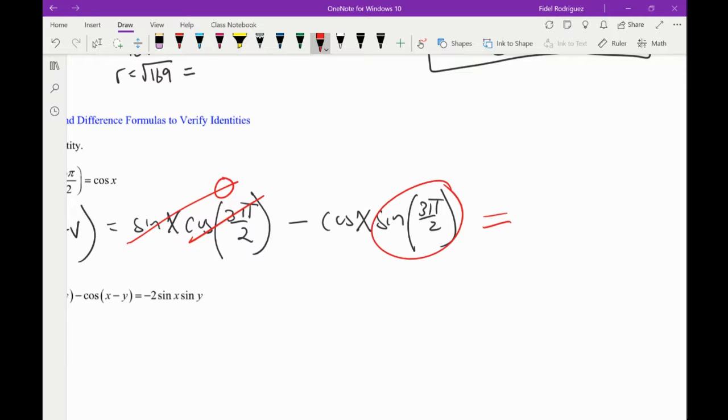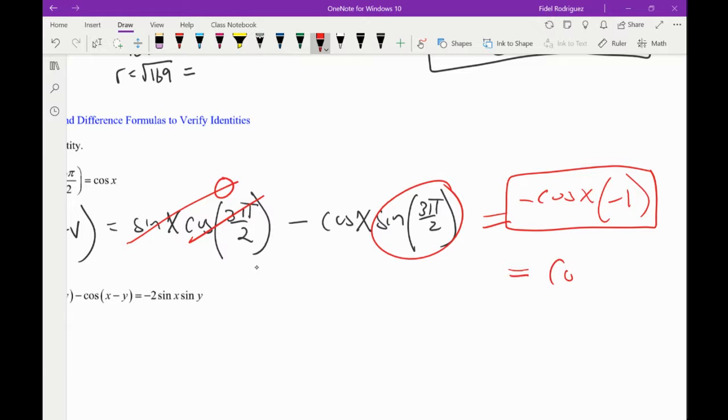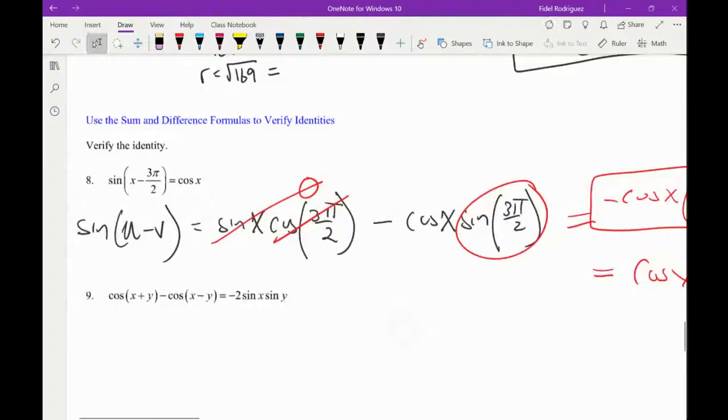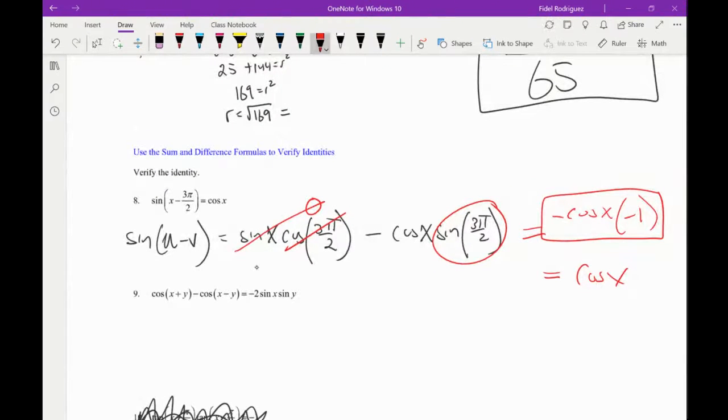So the sine of 3 pi over 2 is -1. What is a negative cosine of x times a -1? Positive cosine of x. And what do the directions ask me to do? To show that this piece here is equal to that piece.